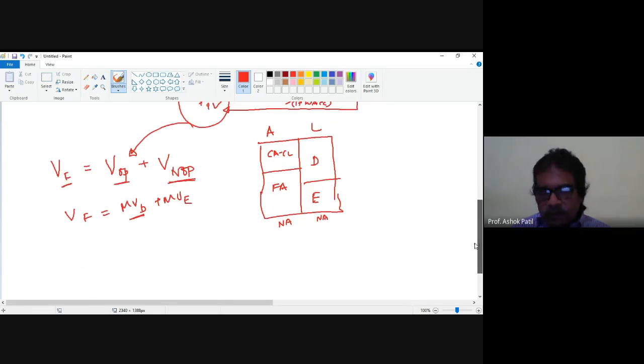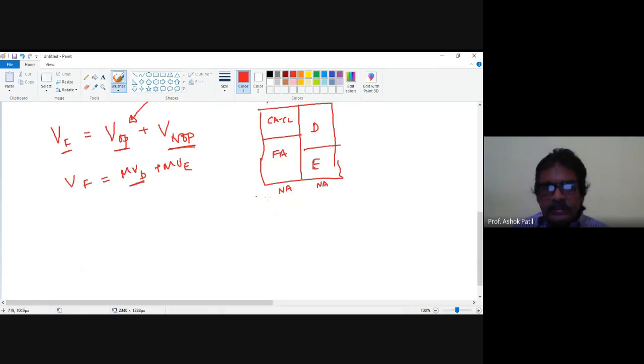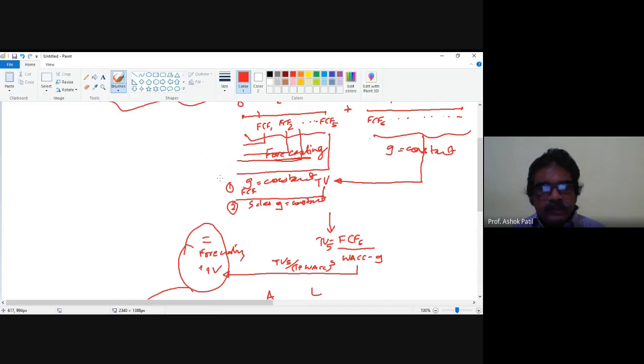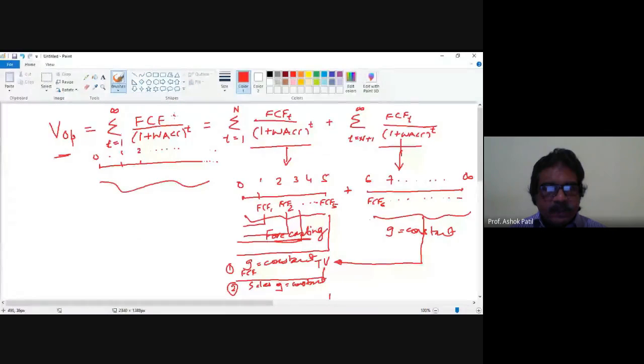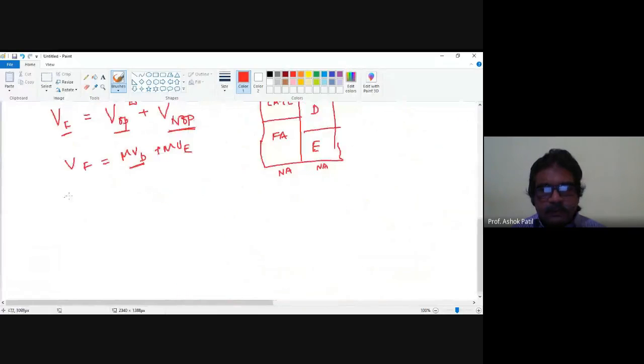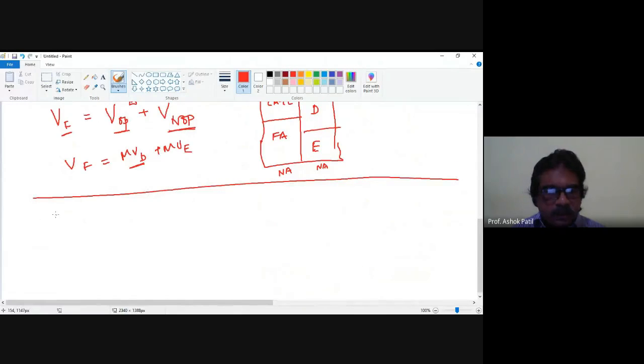So now we know the background of how we calculate the FCF value, for which we need FCF. So FCF is required. Now we are coming to the numerator part of the equation. Value of the firm is equal to value of operations plus value of non-operations.